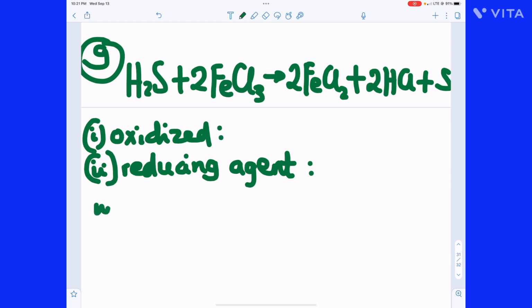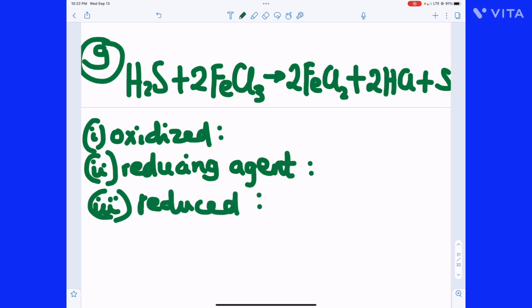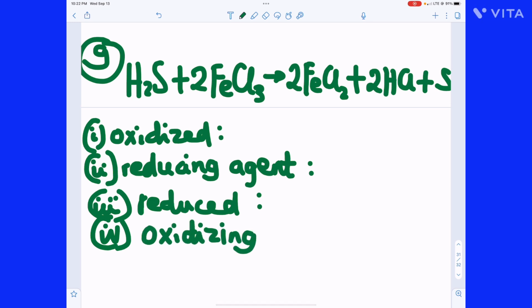We also want to determine what substance is reduced. We want to determine what is the substance reduced and what is the oxidizing agent. So one after the other.